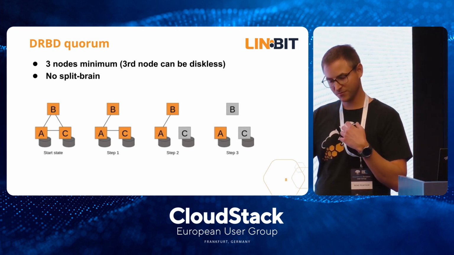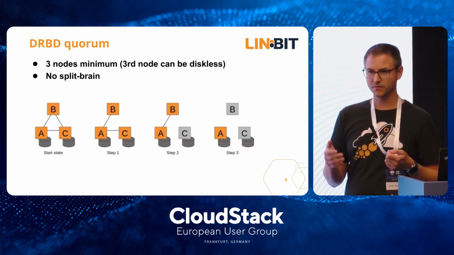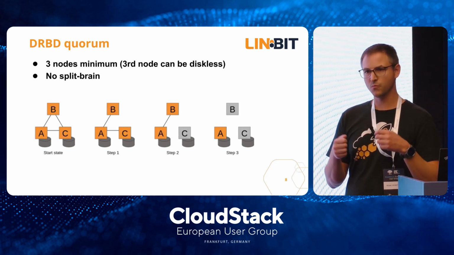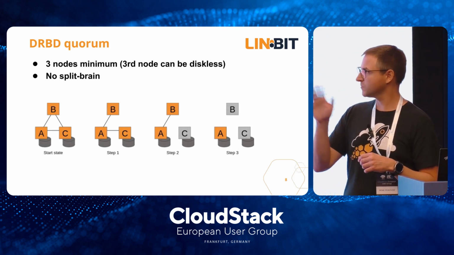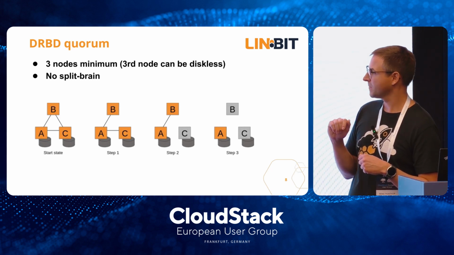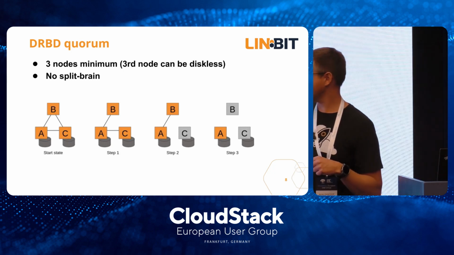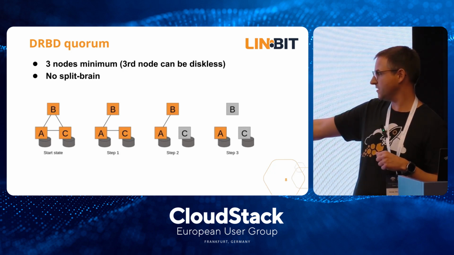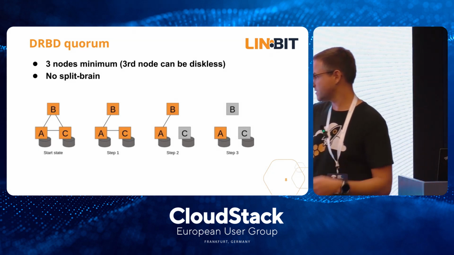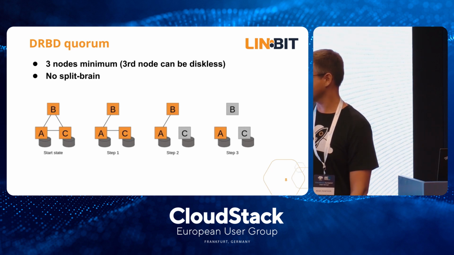DRBD uses a primary-secondary, so active, non-active concept. So only one node can write to the storage at a time, with one exception, but I don't want to get too into detail there now. So let's say A is the primary and is currently writing, then the second connection drops from A to C. C wouldn't know, by default with no quorum, it could still happen, if it was primary, that it would write.